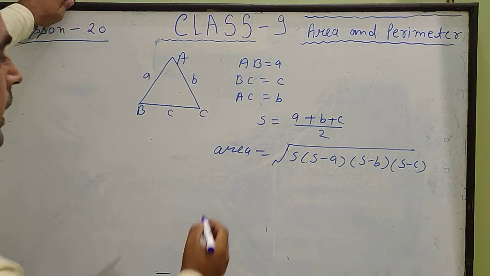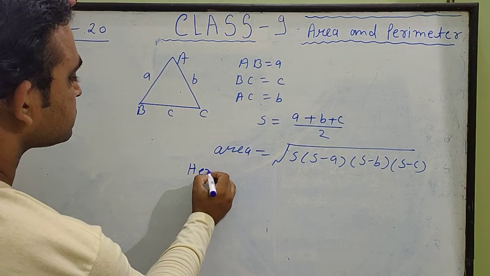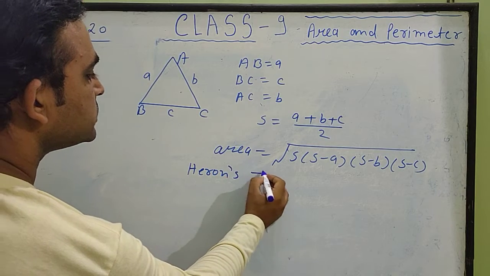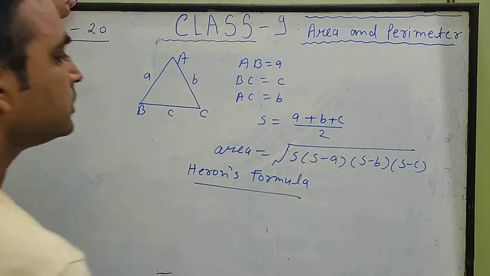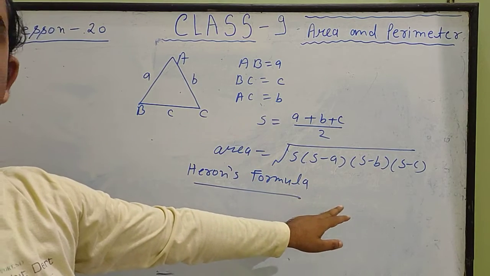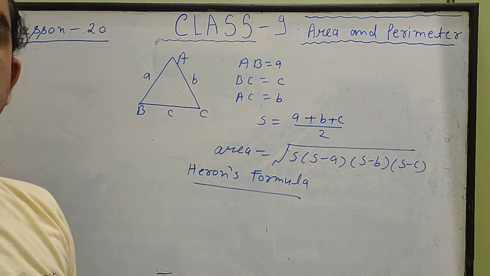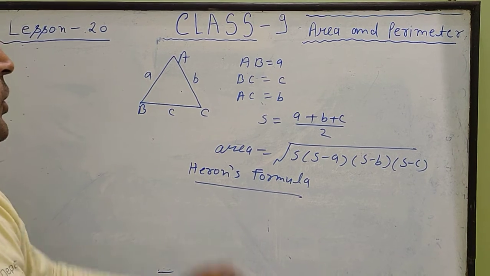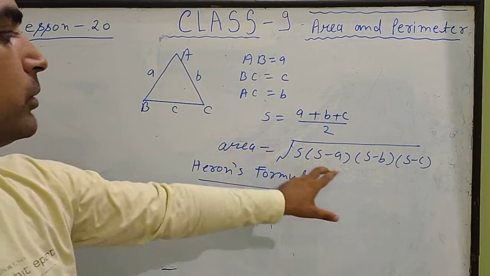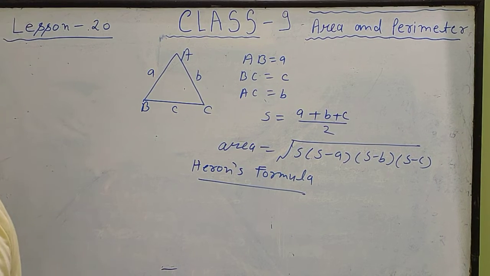This is Heron's formula. So with the help of this formula we can find the area of the particular triangle. Understand? So this is the first formula for finding the area of a triangle.